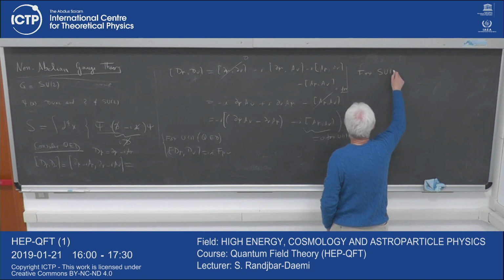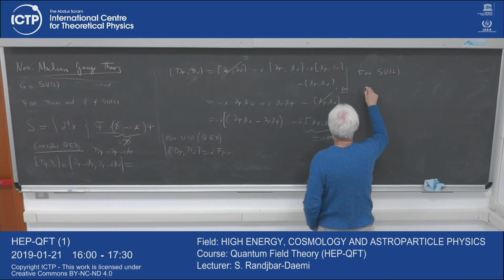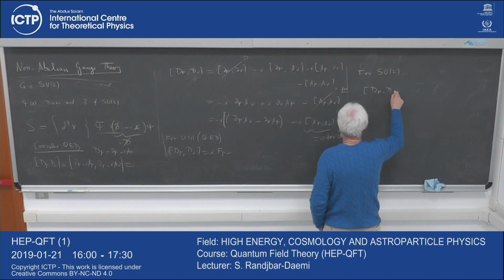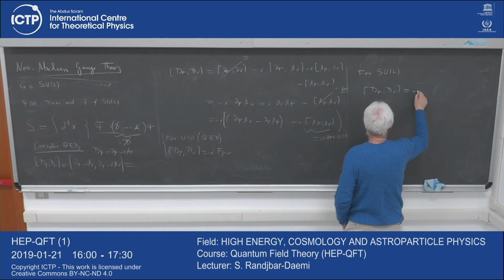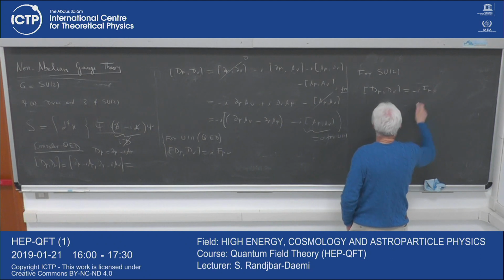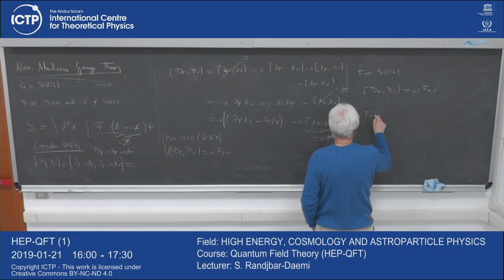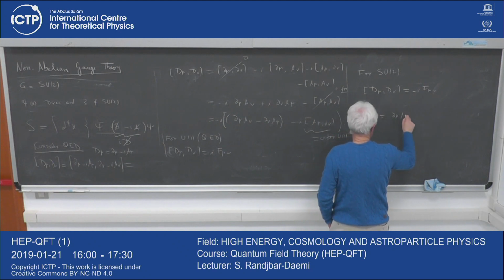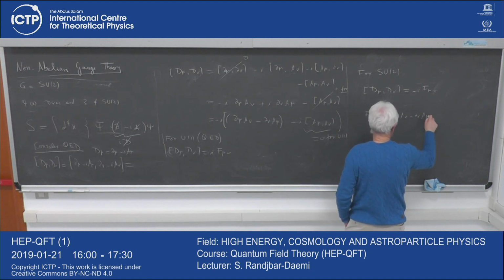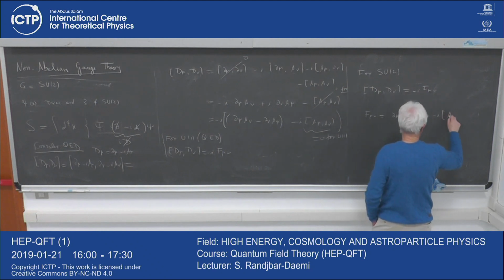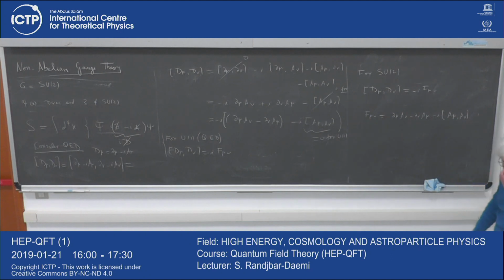For SU(2), therefore, [D_mu, D_nu] we will just call minus i F_mu nu, but now F_mu nu will be d_mu A_nu minus d_nu A_mu minus i, the commutator of A_mu and A_nu. A_mu and A_nu are linear combinations of Pauli matrices, so the commutator will not be 0. In fact, we can calculate what that commutator is, and we will do it in a minute.